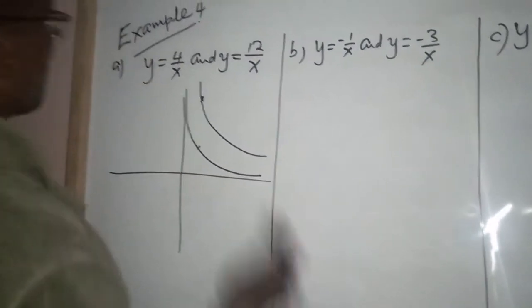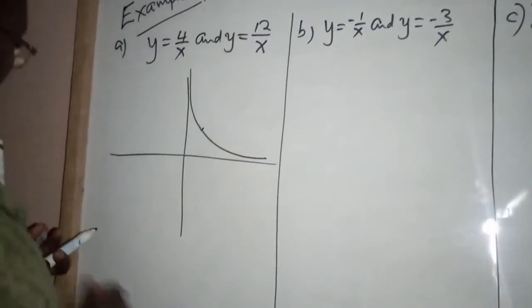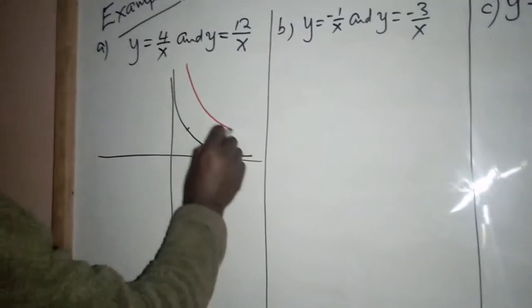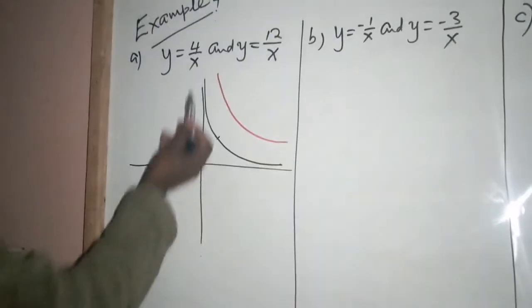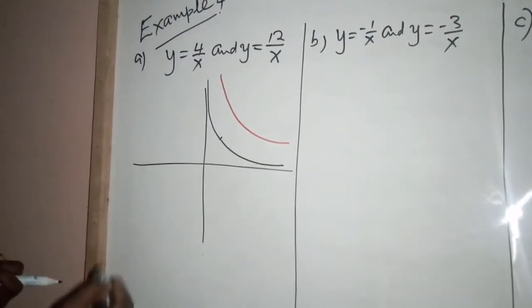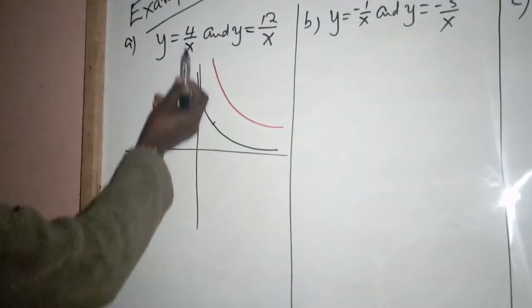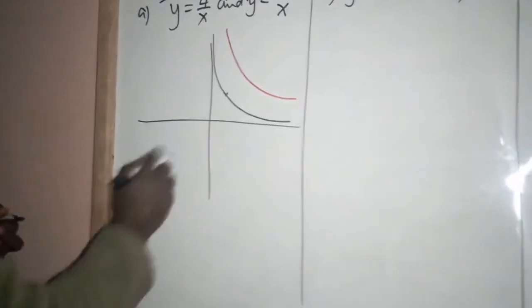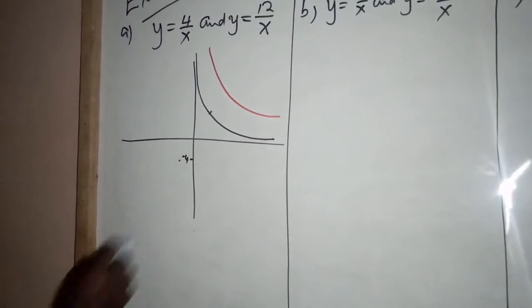But I wish to use a different color for the 12 one so that we can see clearly the difference between the two. Assuming we now have x being negative, in this case negative 1, 4 divided by negative 1 is negative 4, somewhere there.